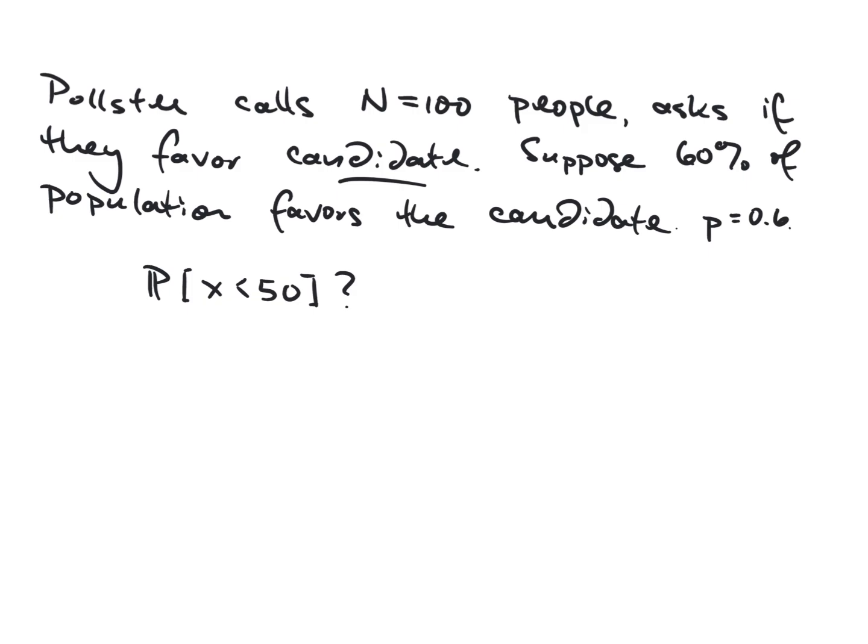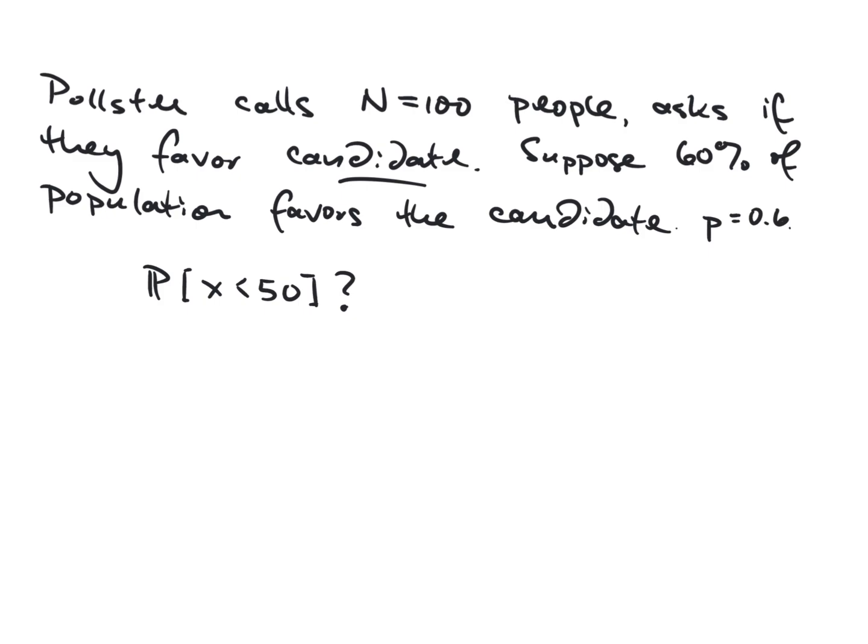In other words, is it reasonably likely that a survey like this could say a minority of voters, less than half of voters, like the candidate, when in fact 60% like the candidate, right? That's the kind of thing that a pollster doesn't want to happen, or wants to know how confident they are about their predictions.